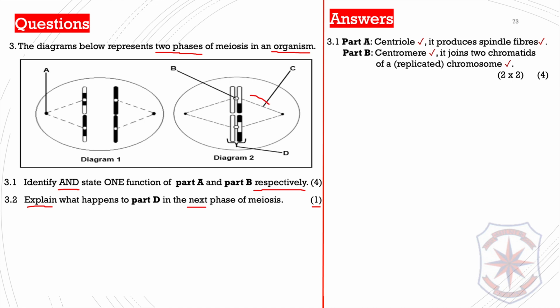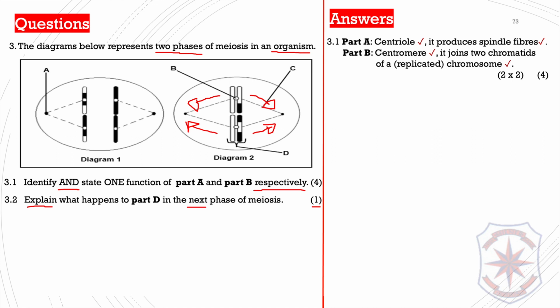So this spindle fiber is going to pull towards that direction. This spindle fiber pulls towards that direction. This spindle fiber pulls towards that direction. Remember, it is pulling towards the direction of the opposite poles. Okay? And that spindle fiber will pull to that direction.